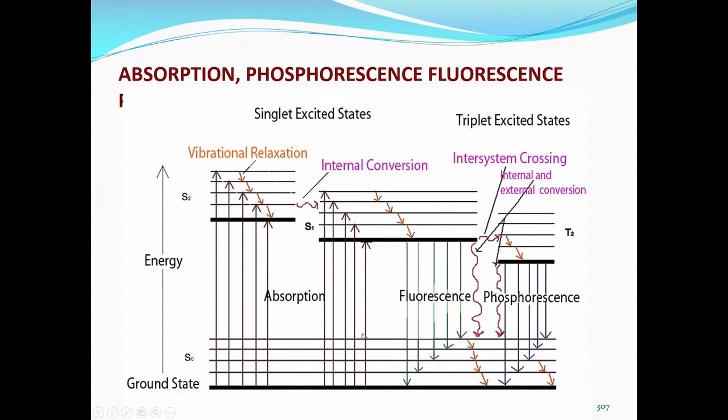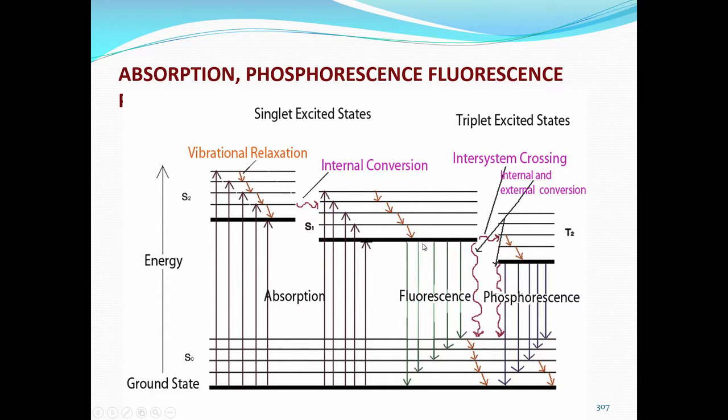Now, here what happens in this case, this is internal conversion, and if the electrons lose their extra energy to come back to S1, then obviously this much energy is absorbed and lost, and the corresponding energy when it is emitted will result in an electromagnetic radiation that is having a longer wavelength.